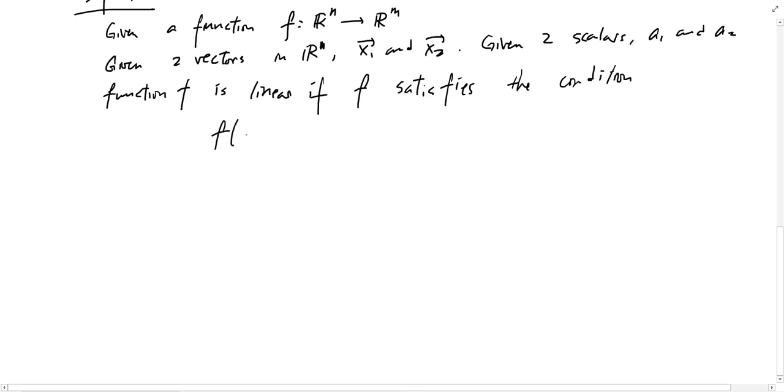If I do f of a1 vector x1 plus a2 vector x2, the outcome of this would equal a1 times f of x1 plus a2 times f of x2.